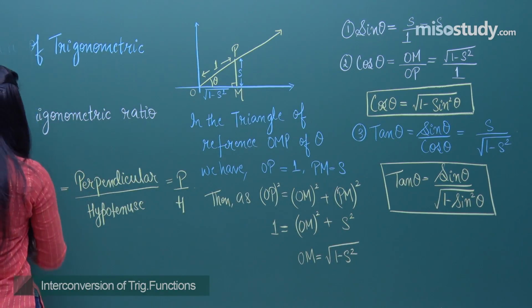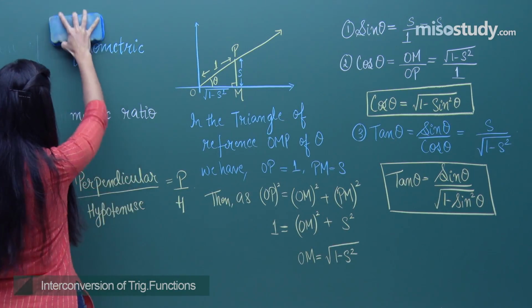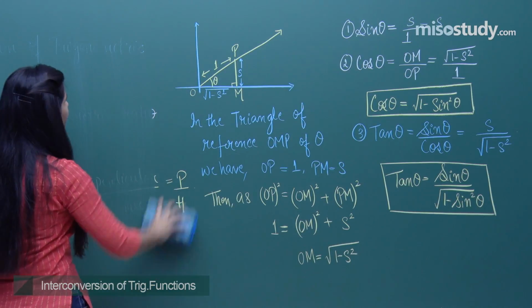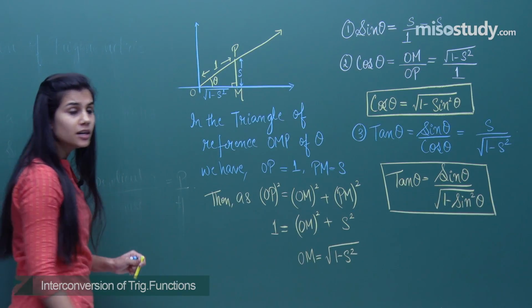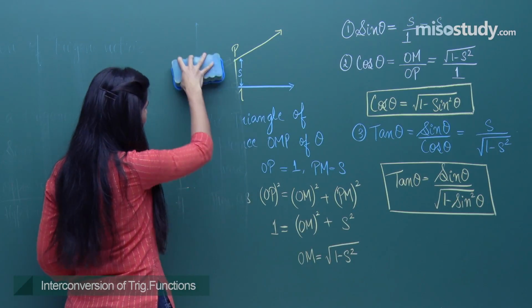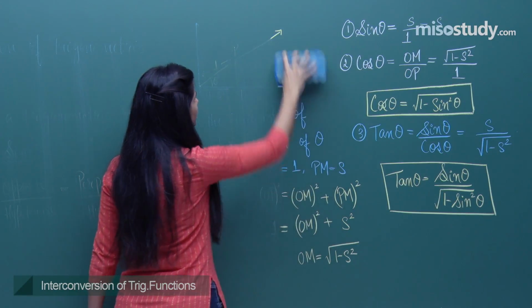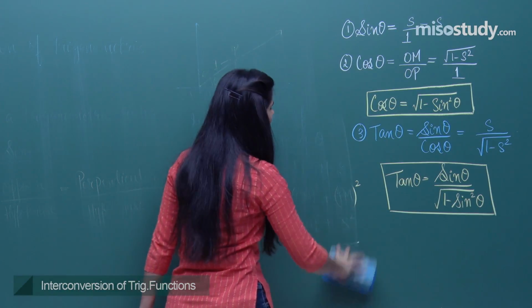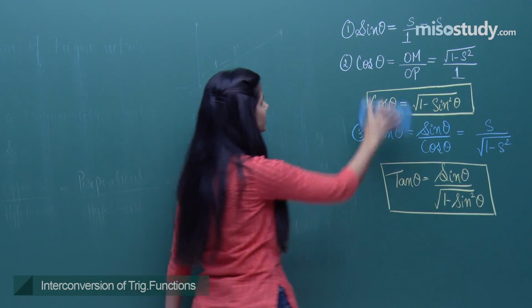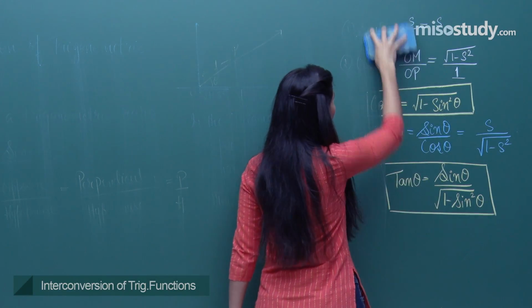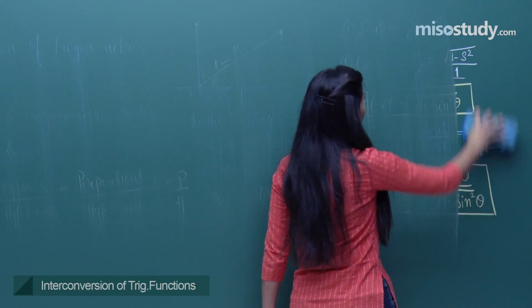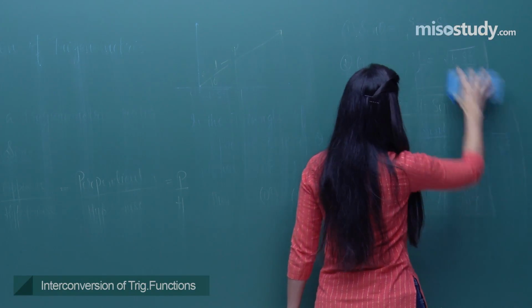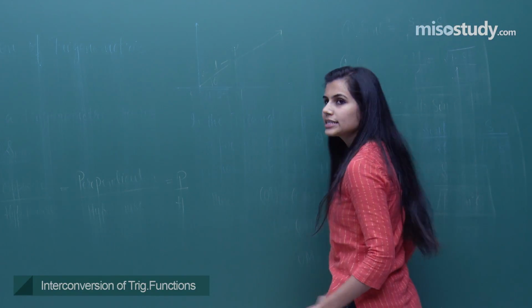Do not forget the strategy which was used to obtain the trigonometric ratios in terms of sine ratio, because that is what is going to be followed throughout the conversion process. We obtained these as the values of cos and tan in terms of sine.